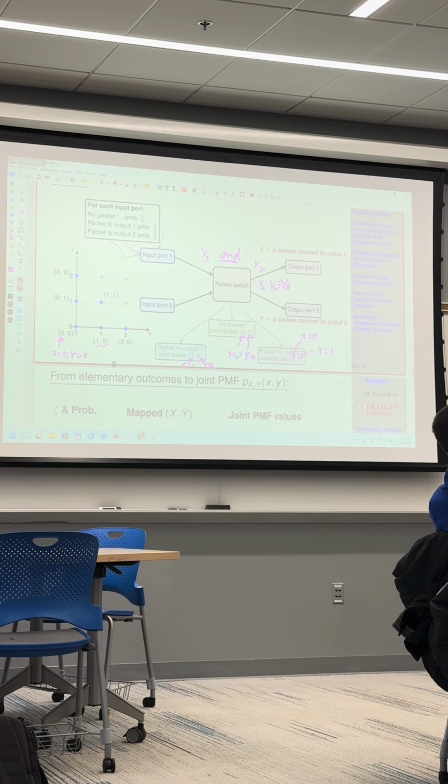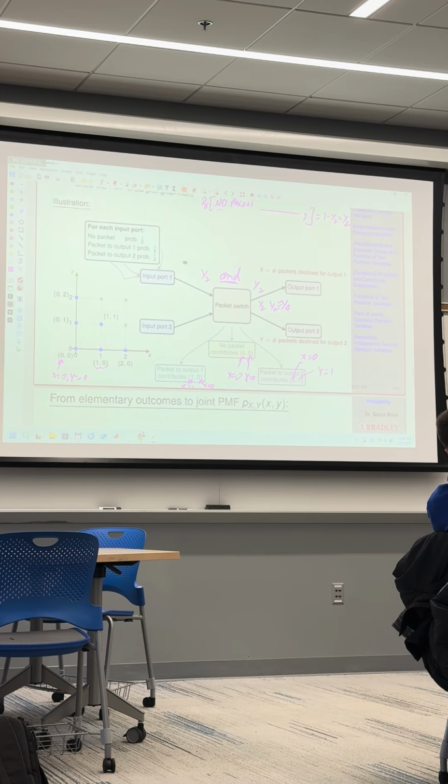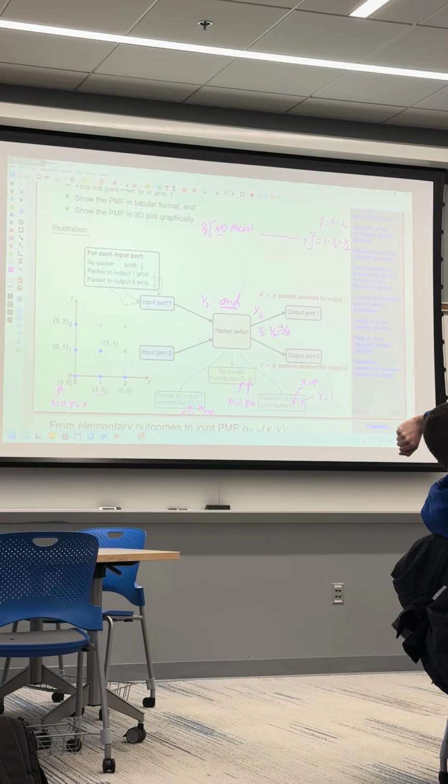But the total number of packets, that is another point here. The total, I'm going to use red color because this is the constant here.